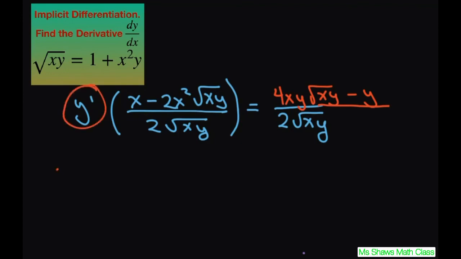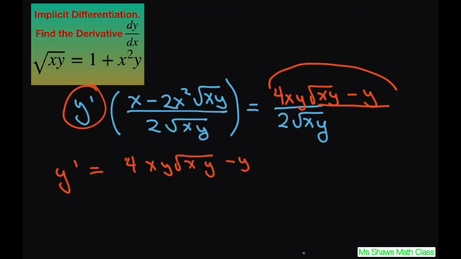We just write this down, so that's going to be 4xy square root of xy minus y divided by 2 square root of xy.